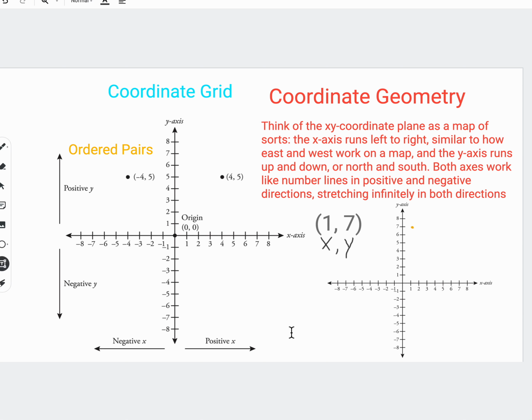Now let's try another one, negative 1, 7. Now we will go to the left 1 to go back negative, but we still have a positive 7 for y.